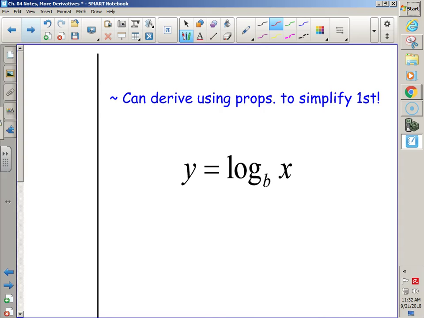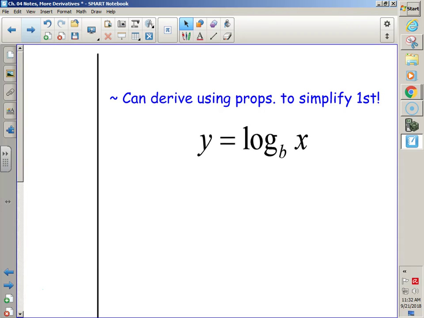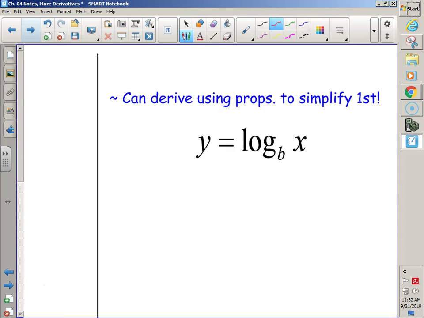So then how do we use that pre-cal in order to help us when needing to derive some guy like this? So we have y equals log base b of x, which we don't really like, right?